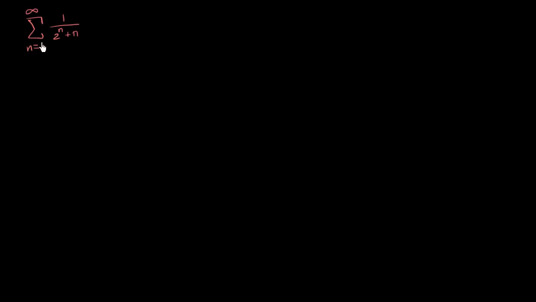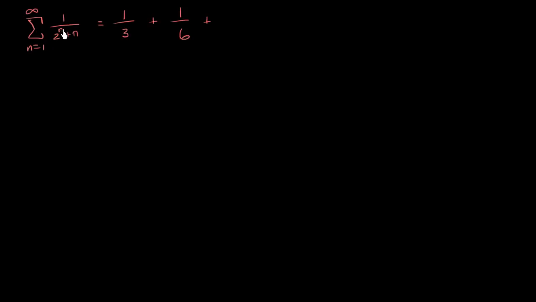In order to get a sense for this series, it never hurts to expand it out a little bit. So when n equals 1, this is going to be 1 over 2 to the 1 plus 1. So it's going to be 1 over 2 plus 1, which is 1/3. Plus, when n equals 2, it's going to be 1 over 2 squared, which is 4, plus 2, so 1 over 6.